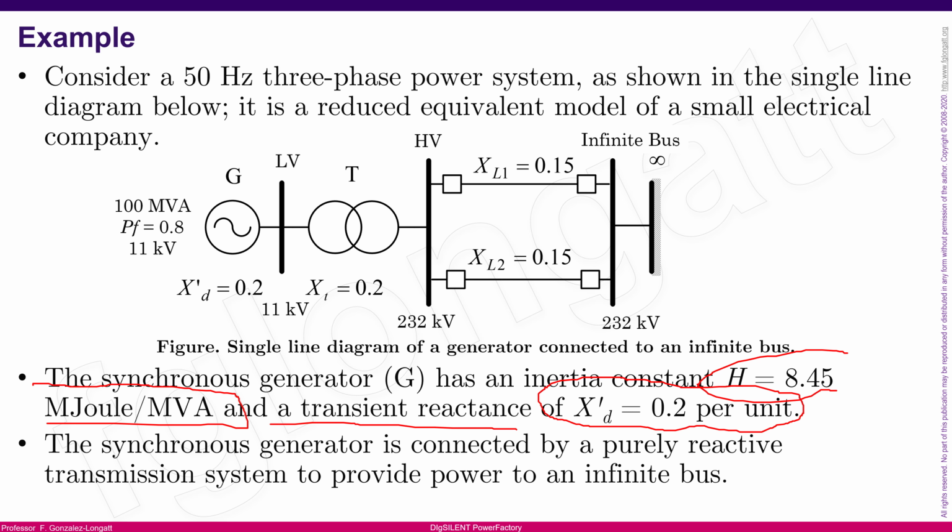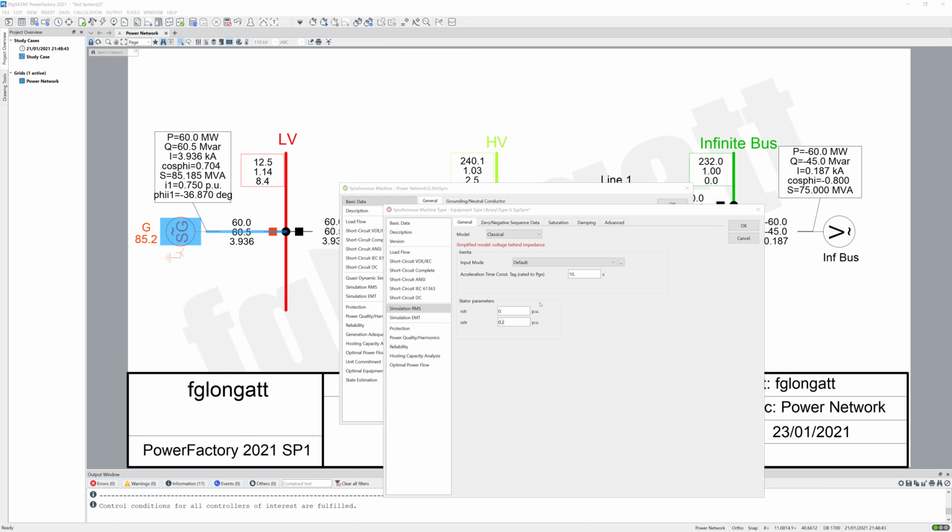Now what we need to do is go to PowerFactory, and here we need to put the reactance, okay? 0.2 is fine, but we also need to define the inertia, okay? You can see here, this is the inertia, and what we will use here is the inertia constant, 8.45, okay?